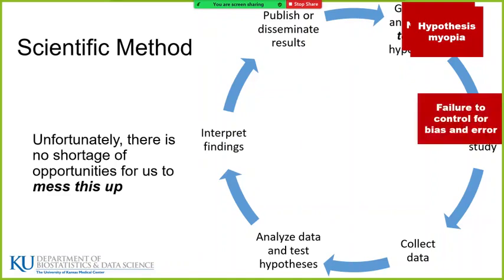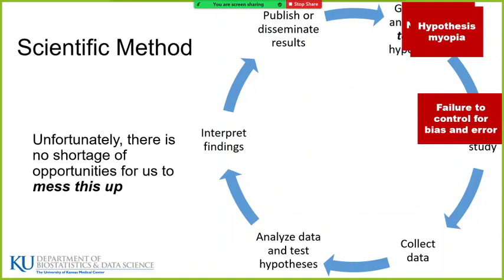In terms of the study design, this is, again, where we often focus on the flaws, but we need to think beyond that. We could, again, fail to control for sources of bias and sources of error in our study design. Sources of bias are any sources of variation in the study's outcome that systematically push it away from the truth. They make the association look positive when there is no association, or they make it look negative when it's actually positive.